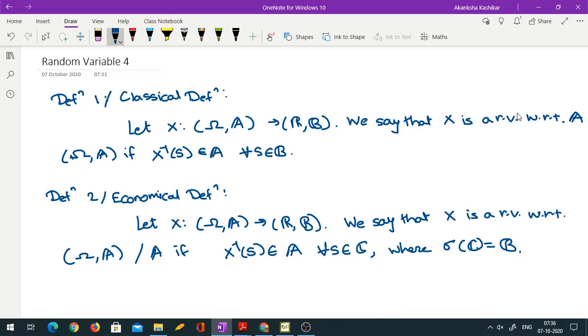For every S in script C, where sigma of C is script B, meaning the minimal sigma field generated by class C is the Borel sigma field.